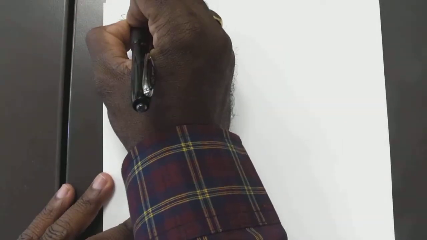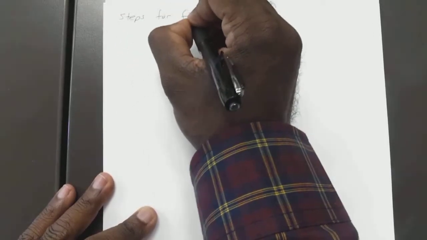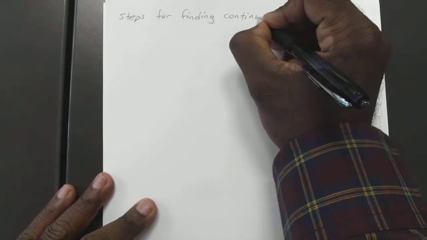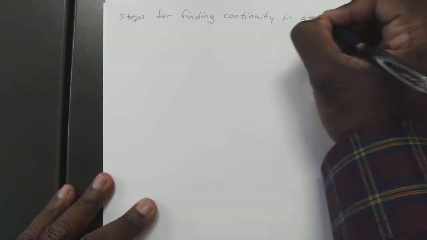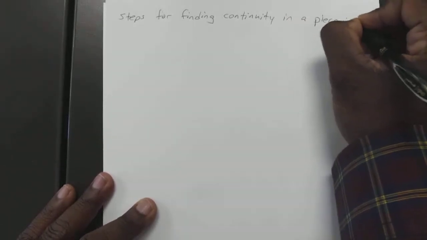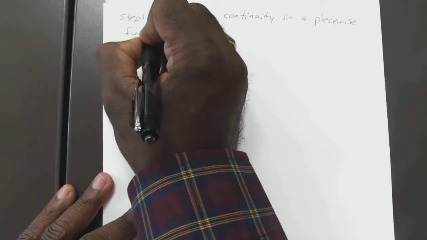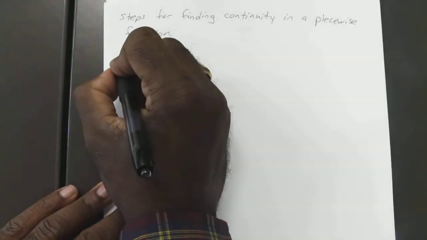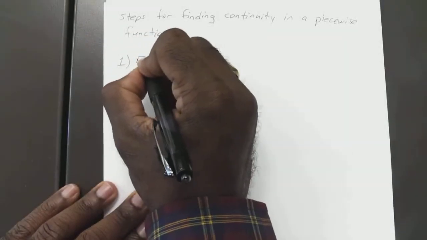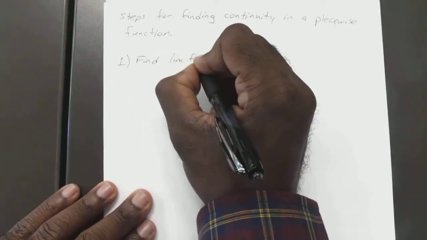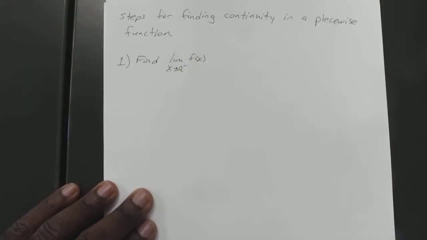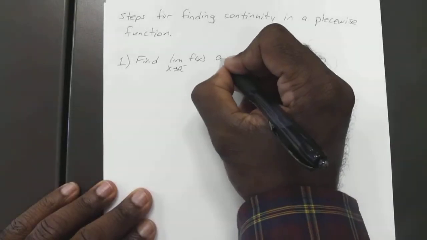All right, so we have our steps for finding continuity in a piecewise function. Your first step is to find the limit of f of x as x approaches a from the left. We're using a this time instead of c, and I'll show you why in a few minutes.